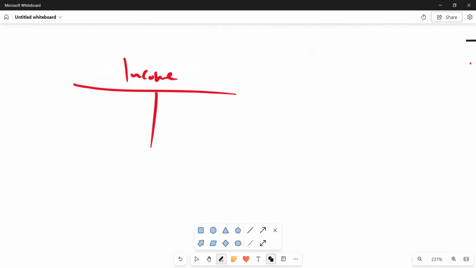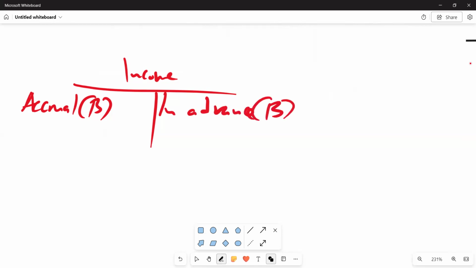For an income account, the accrual balance at the beginning comes on the debit side. And we know that in advance at the beginning will come on the credit side. Then the opposite is true.